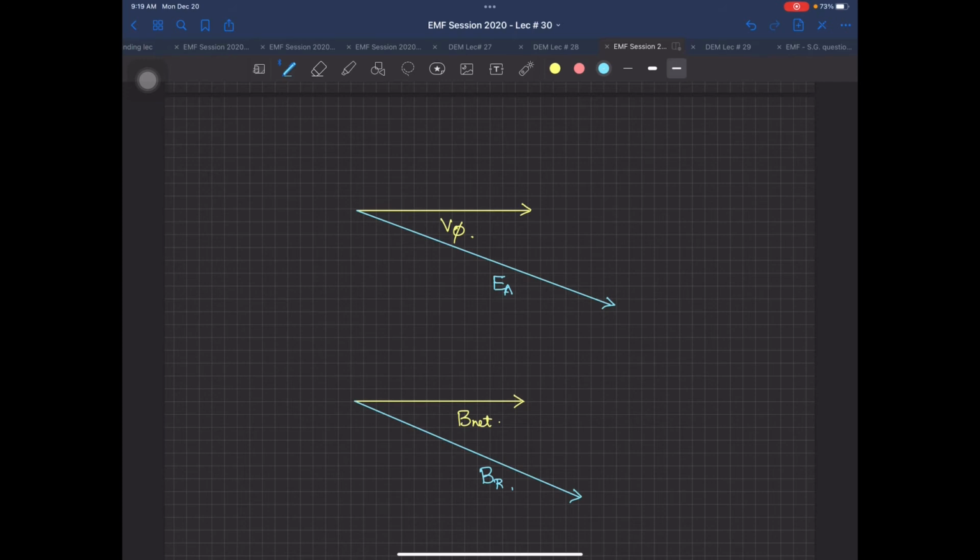Now to complete the phasor diagram, what was B net equal to? BR plus BS. So this means my BS is going to be equal to this point. So this is my BS over here. All of these are vectors. If I copy this one, this is my BS over here, not exactly the exact diagram, but anyway, I'll change it, don't worry.